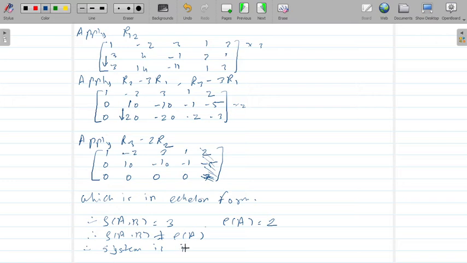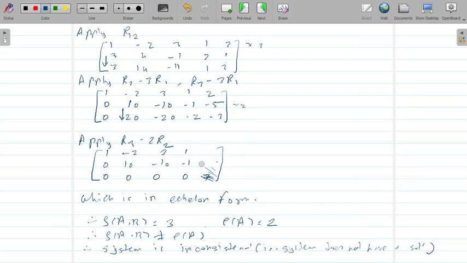The system is inconsistent, which means the system does not have a solution. So this is the criterion for inconsistency: the rank of the augmented matrix is not equal to the rank of the given matrix.